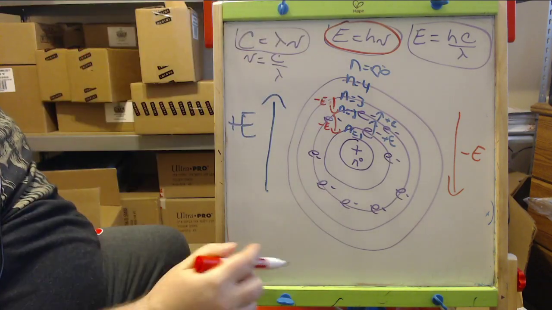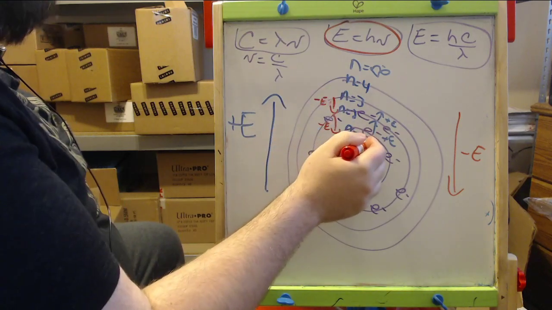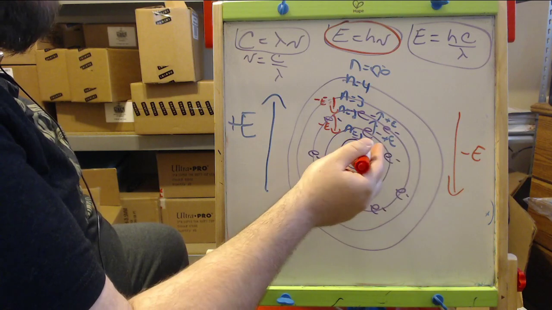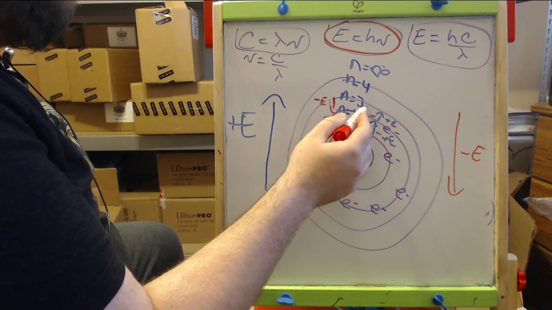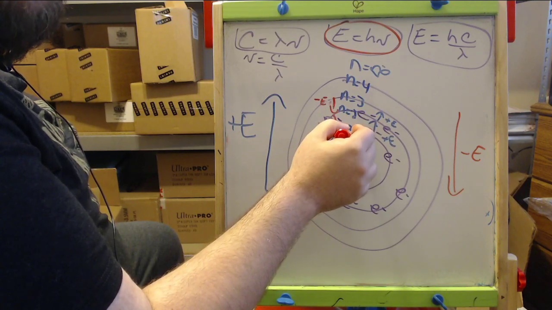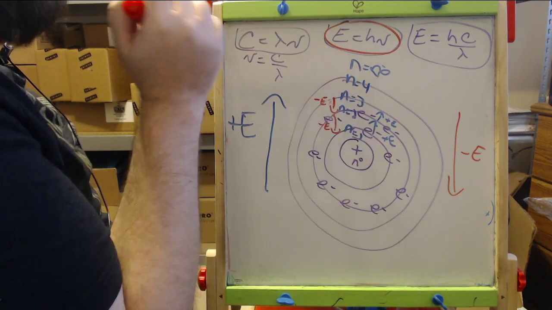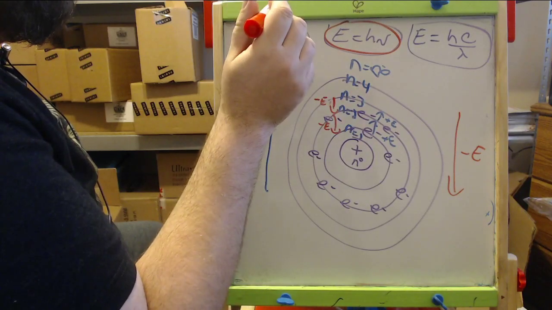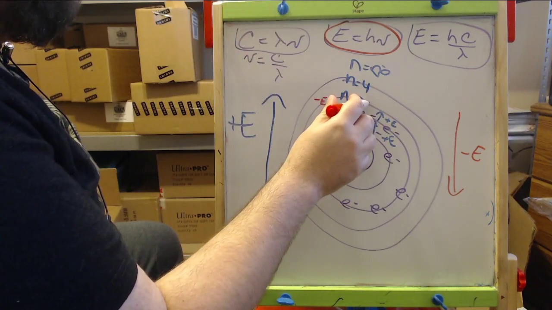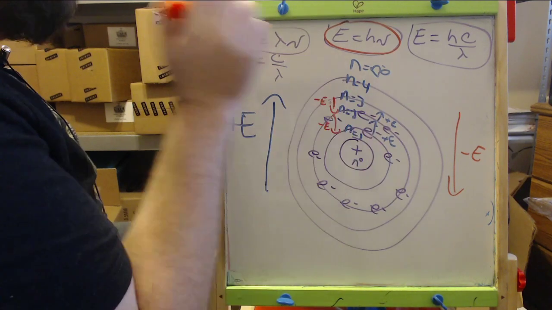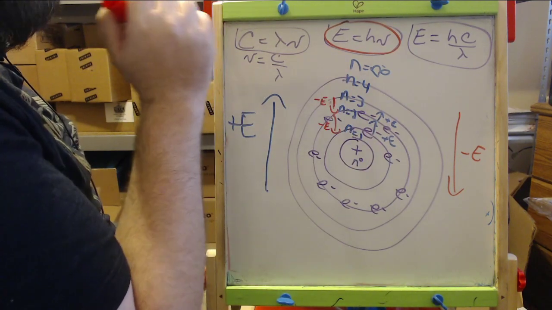Now here's the fun part. These electrons will absorb the outside energy from whatever source is going to give that outside energy. They're going to go from where they start, which is known as the ground state, into an excited state. But they don't like to be in the excited state. So they absorb the energy, they get to that excited state, and then they fall back down to the ground state, releasing that energy.